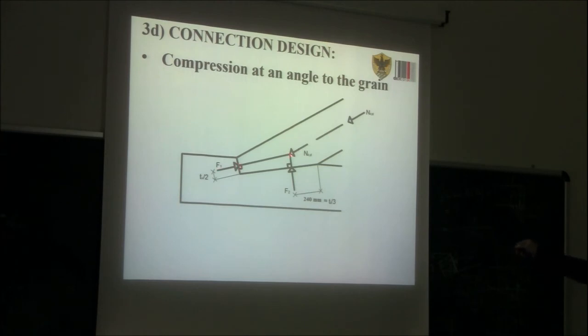So by intersecting those two lines we get this point, and from here we take the line perpendicular to the other notch below. And if you see, this other line doesn't pass as expected through the centroid of this cross section. So there is an eccentricity.